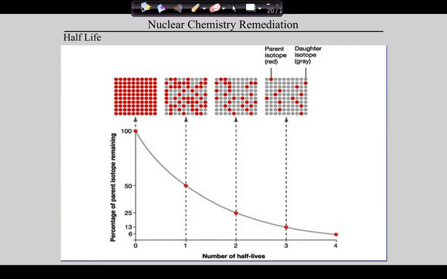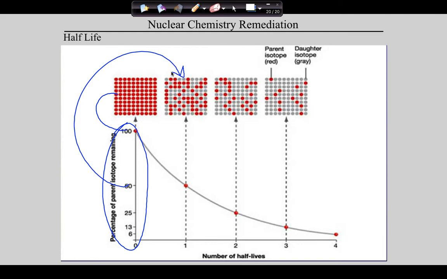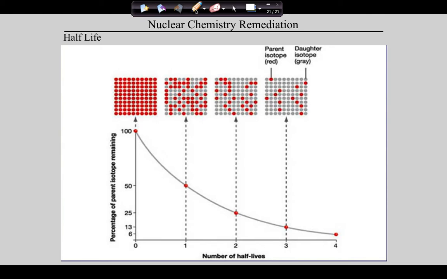And then we are going to look at what percentage of the sample remains, but these percentages will also be represented by the number of red circles that exist in the drawing at the top.